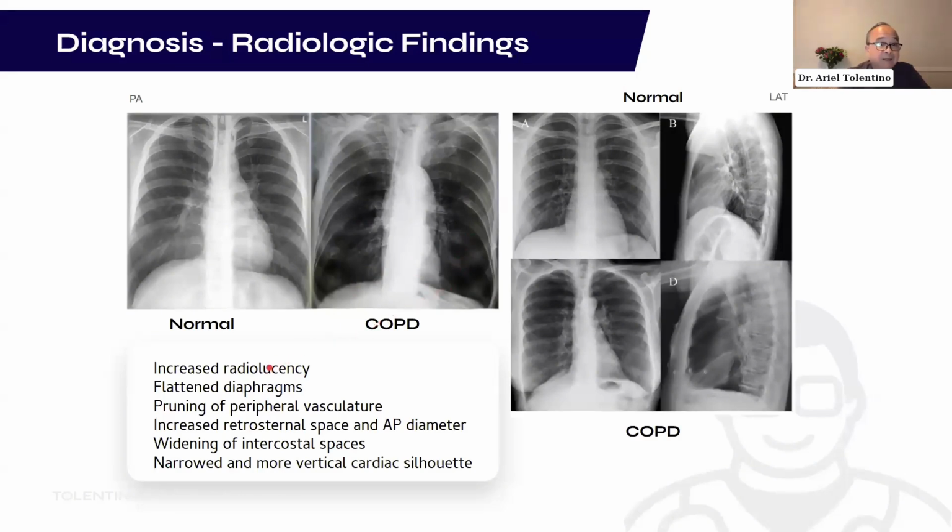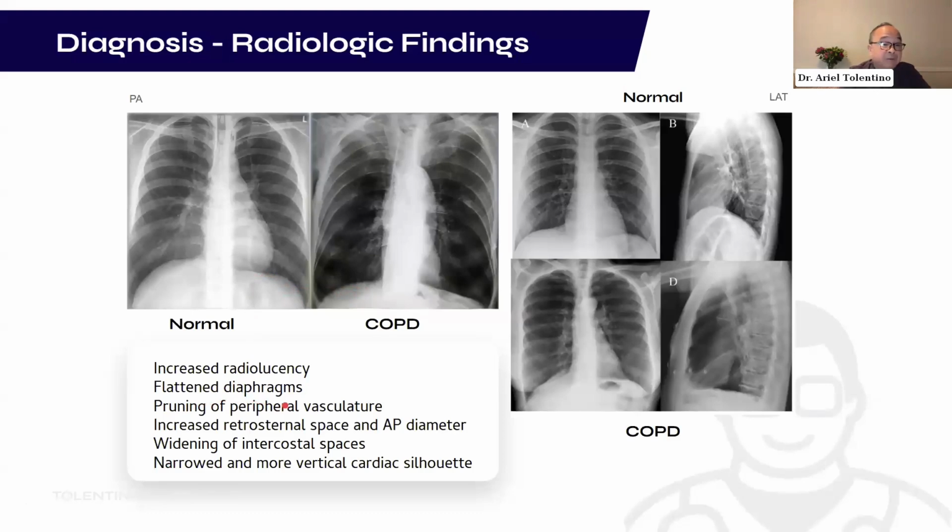There would be flattening of the diaphragm. As we remember in our animation for respiratory mechanics, as the air in the lungs increases, it pushes your diaphragm inferiorly, causing the diaphragm to be flattened. And you could compare to the convexity of the diaphragm in the normal X-ray. Okay. You also have pruning of the peripheral vasculature.